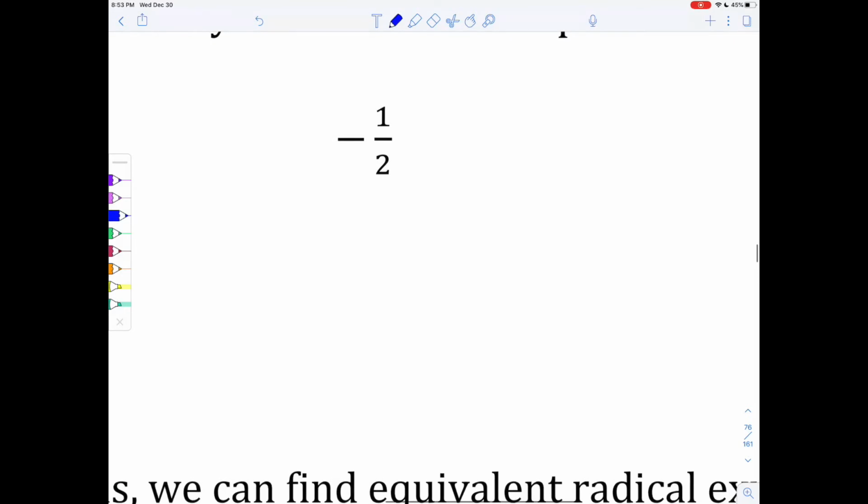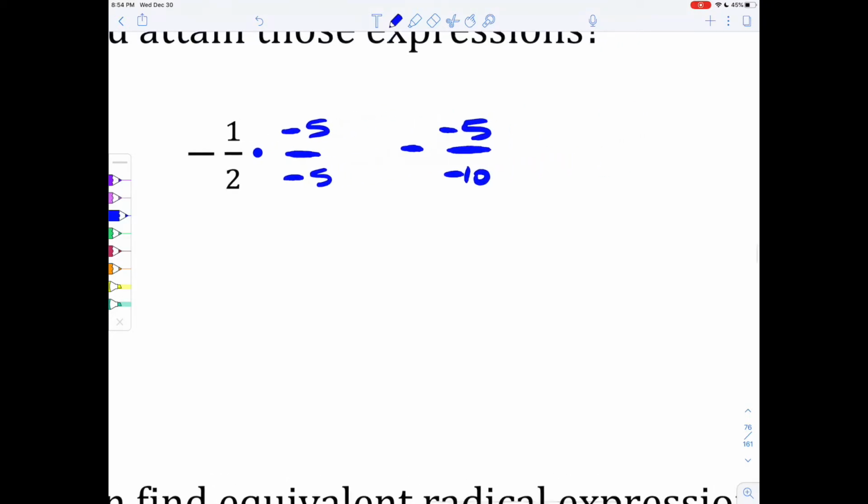We can do the same to this. I can multiply by, so what did you say before? -5. By -5 over -5? Yeah. Sure. In which case I would get, oh my gosh, there's negatives all over the place. I'm doing it this way. Over -10. Which could be simplified, but that's beside the matter. That's equivalent.